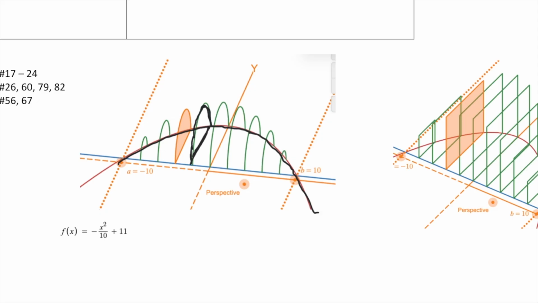Now, in order to find the volume, we know that the integral is actually the area, A of x, multiplied by the thickness of each shape, which is dx. So we've been practicing that from a to b.